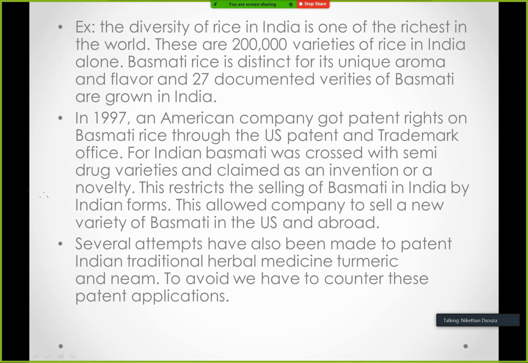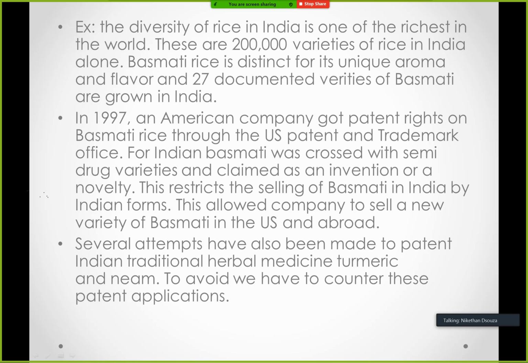It put a total restriction on the selling of basmati in India. But this restriction was overturned by the Indian government, giving proofs that it is our ancient method. We have been growing it for several years.